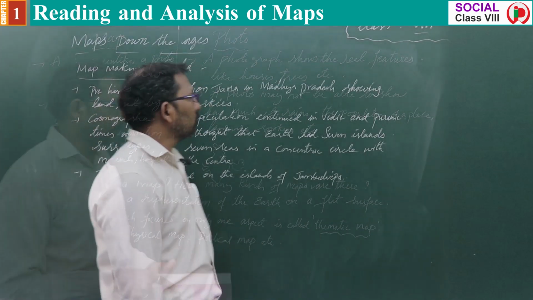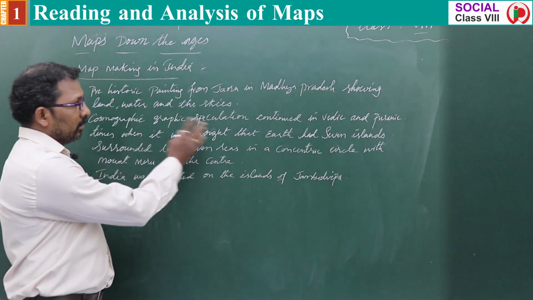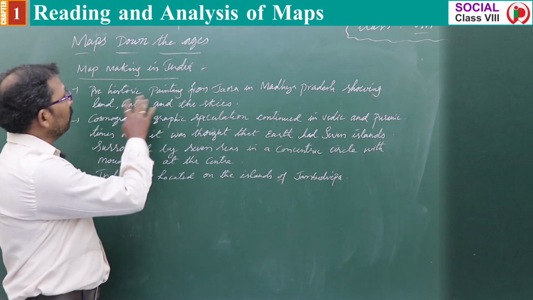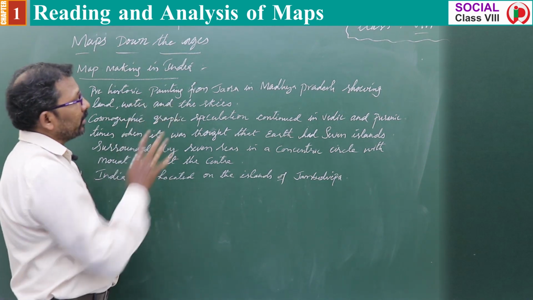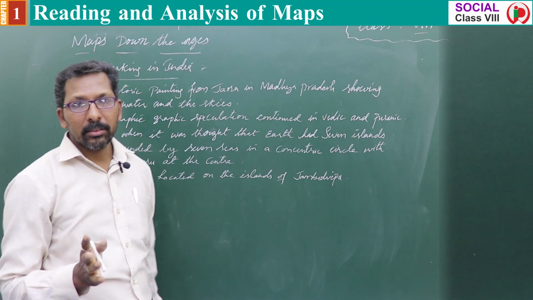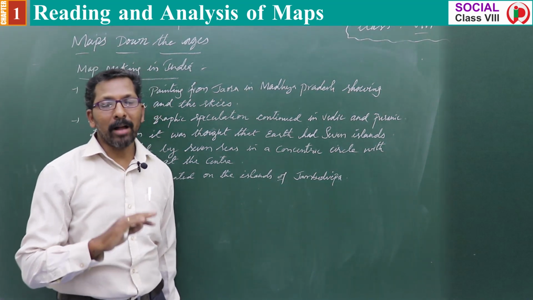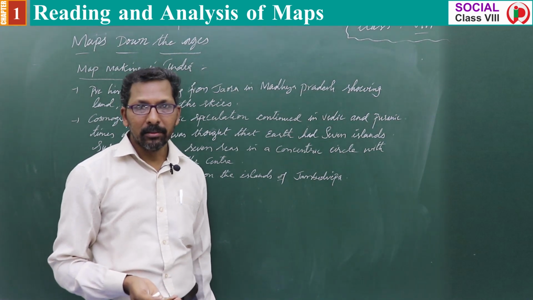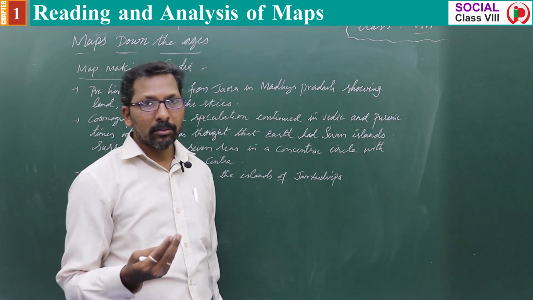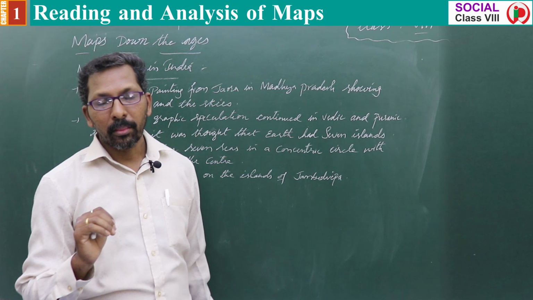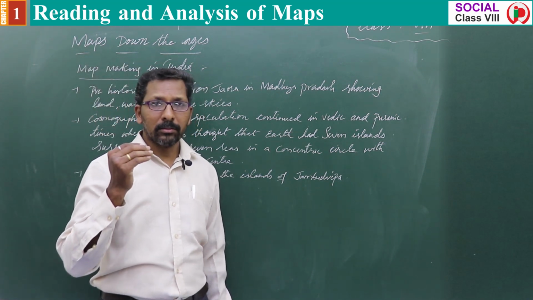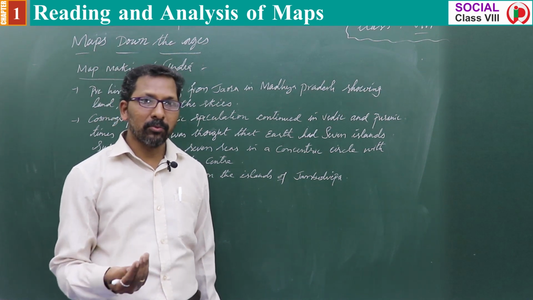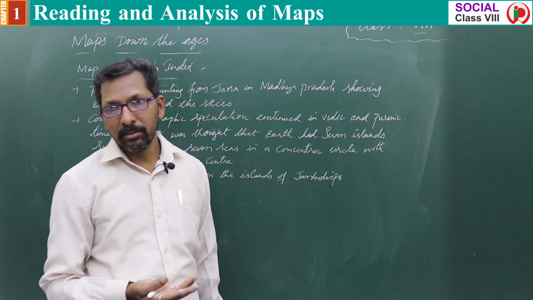Okay. So after the differences and the definition of what a map is, we'll come to maps down the ages. In different ages, in different parts of the world, maps were made. In India, maps were made, and we have maps from the prehistoric period also. Then some maps from the medieval period, and some maps made by the Mughals.